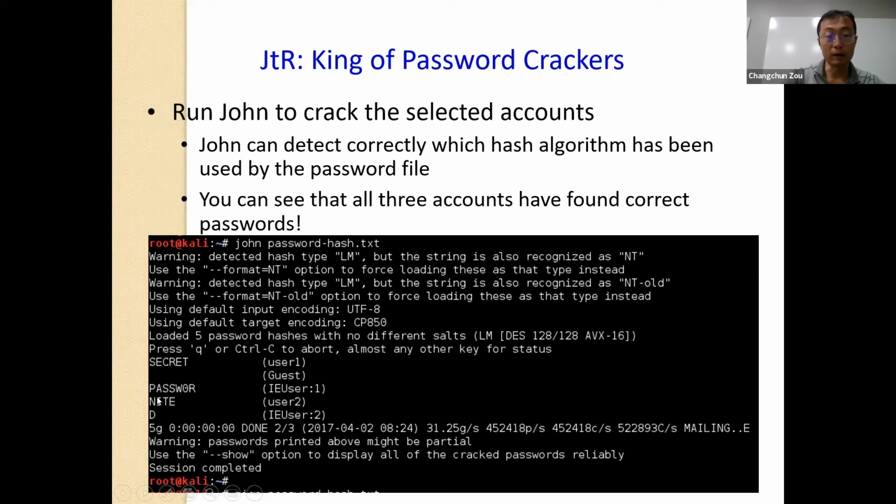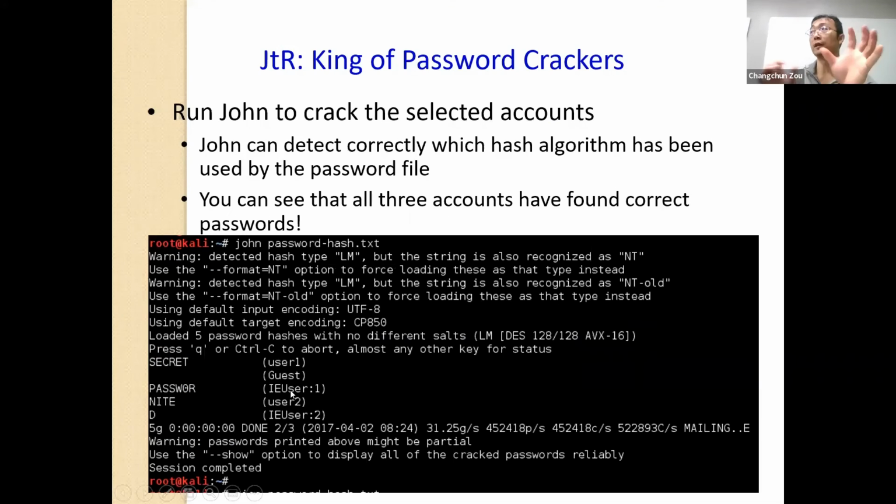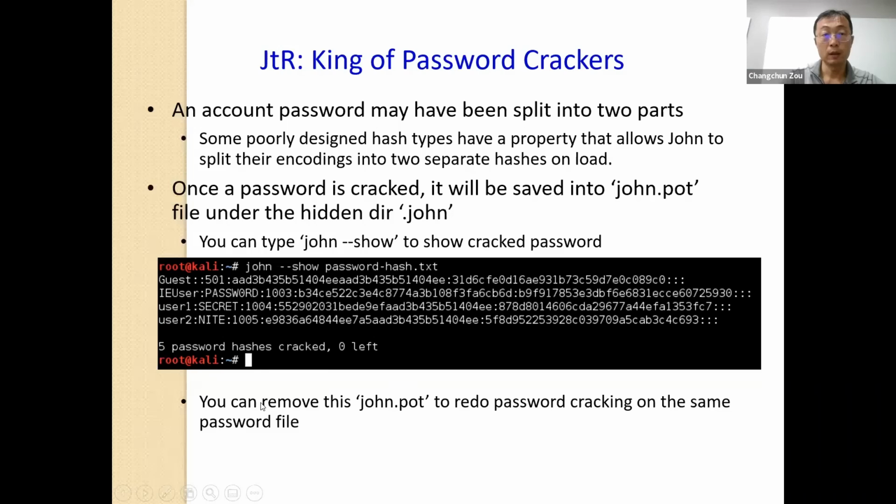The first part is this one, and the second part is this 1 character D. If that's the case, it will treat these 2 hash values as two different passwords, so it will find them separately.